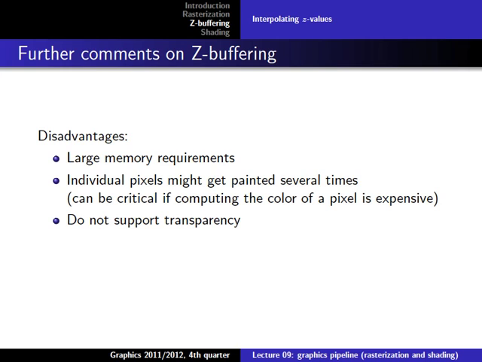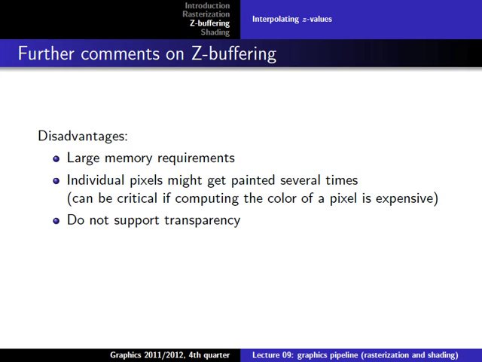If you get a new triangle that is in front of everything you have drawn, you just draw it in front. But if some of them are transparent, or the new one you draw is transparent, then what happened before is also important. So the drawing order for transparency does matter, and not only which one is the closest, which is why it's not supported by default by the set buffer. There are tricks to do it, but by default it is not supported.